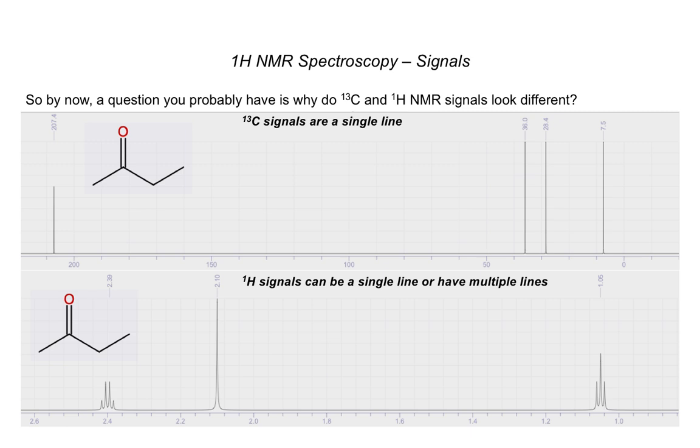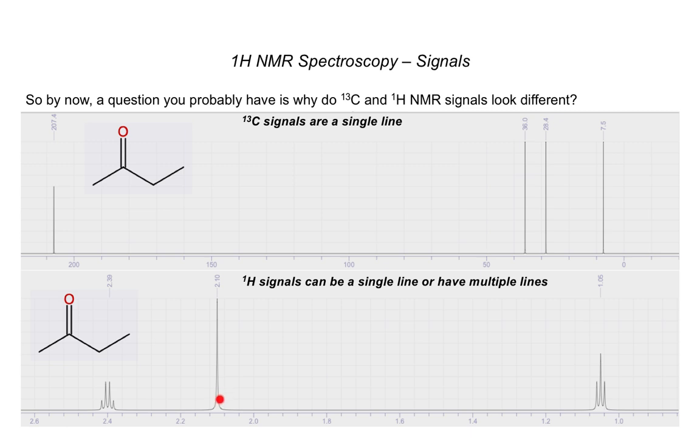So the question is, why do C13 and 1H signals look different? So again, C13 signals are just a line. If this is the baseline, the signal goes up, immediately back down, and then baseline. However, we saw that proton NMR signals can have a single line or multiple lines.